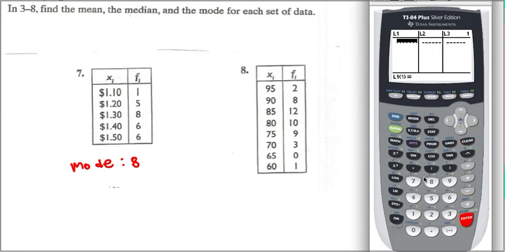In the first column, we have to put the values in, which are 1.1, 1.2, 1.3, 1.4, 1.5. Oops, I guess I was typing a bit too fast.